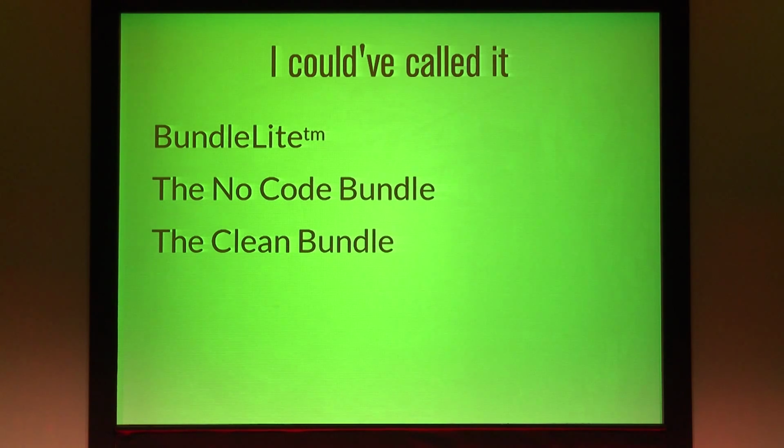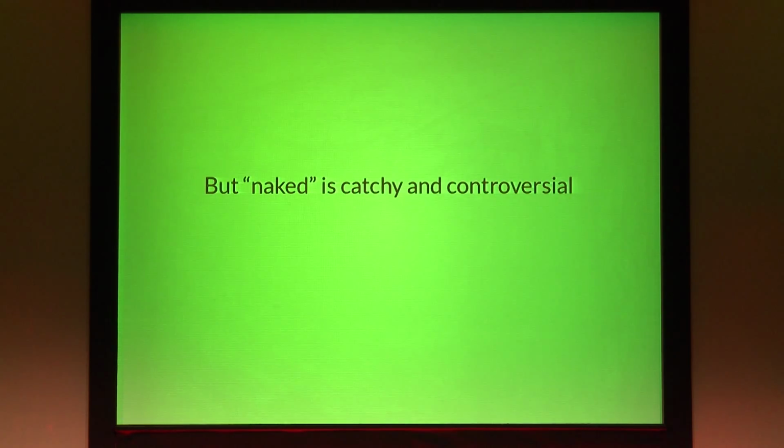Maybe even just the clean bundle, since it's very easy to maintain such a small bundle, because what is there to maintain, really? All the moving parts are outside of the bundle in separate libraries. Still, naked is, of course, a bit more catchy and even slightly controversial, so I've picked that one.